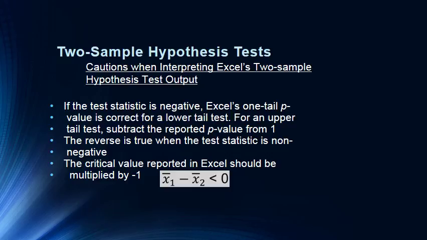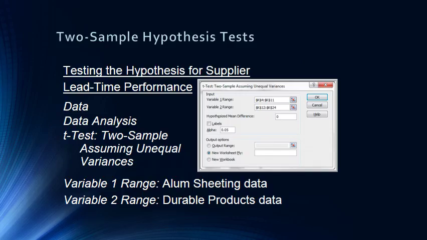If the test statistic is negative, Excel's one-tailed p-value is correct for a lower tail test. For an upper tail test, subtract the reported p-value from 1, and the reverse is true when the test statistic is non-negative. The critical value reported in Excel should be multiplied by -1. So that is just something to be aware of.